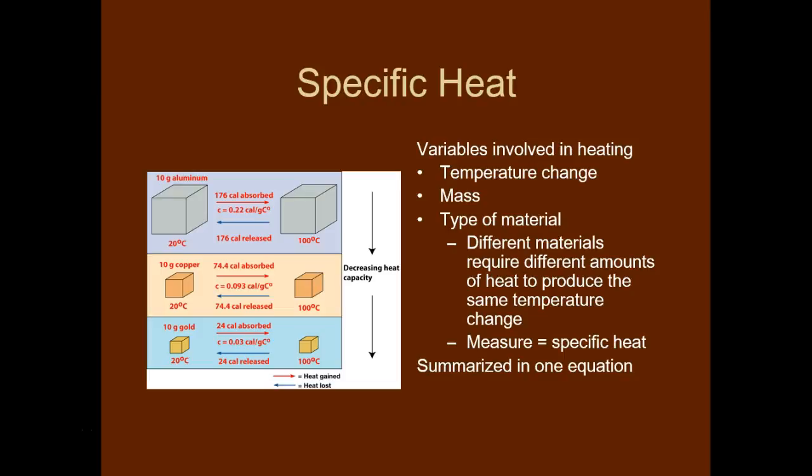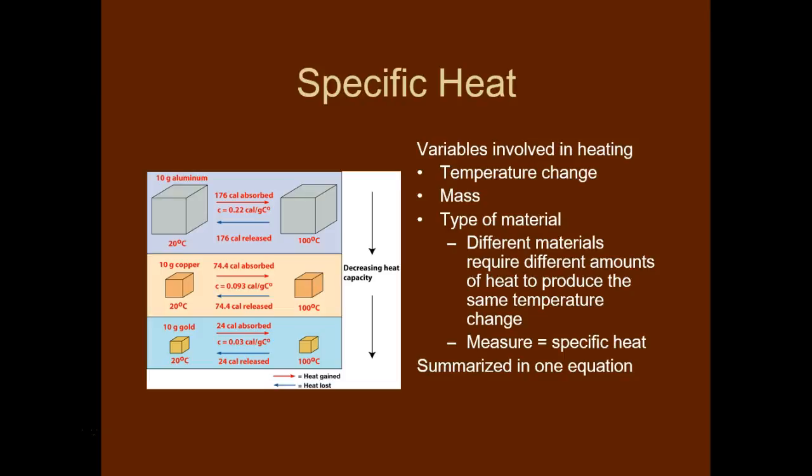Because copper's specific heat is 0.093 as opposed to 0.22. So that's less than half the amount of heat taken to raise 1 gram 1 degree Celsius, or 10 grams 80 degrees Celsius, same deal. But then what if we had gold? I wish I did. 10 grams of gold.